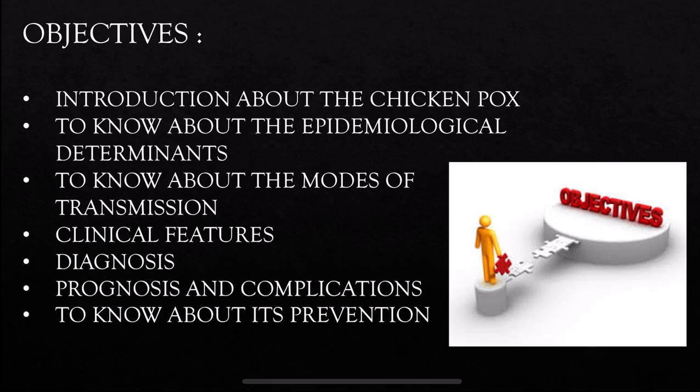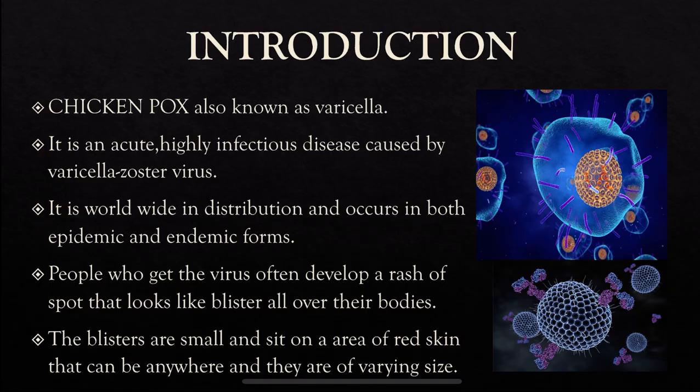Let us begin with the introduction to chickenpox. Chickenpox, as I told you earlier, is also known as varicella. It is an acute, highly infectious disease caused by the varicella zoster virus. You can see the picture here, the varicella zoster virus.